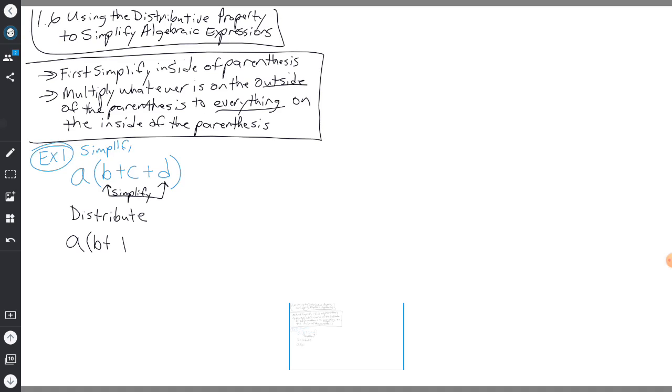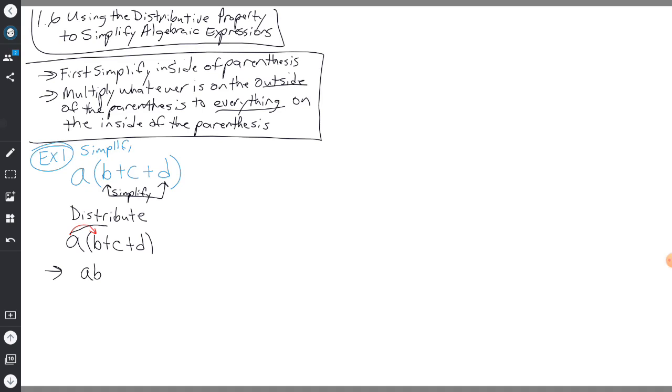So that means we're taking this A. First we're doing A times B, which gives us AB. Whenever we have variables connected like this with no sign in between them, that means it's multiplication between the variables. Okay, so now we've done that.